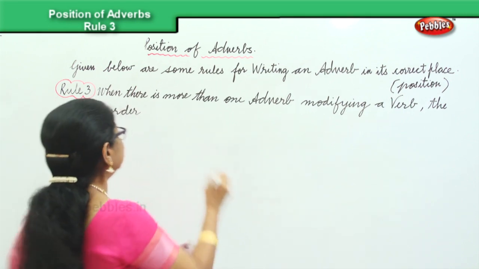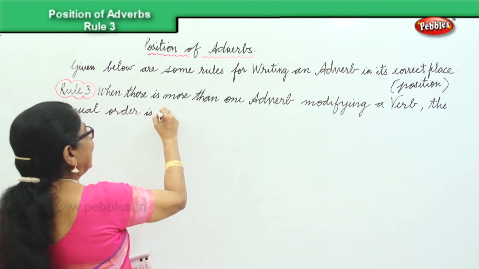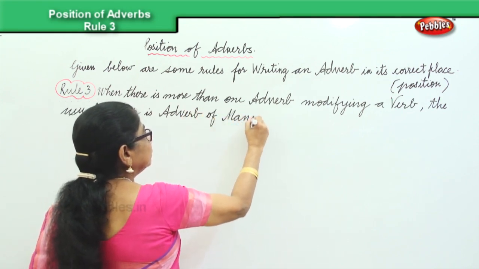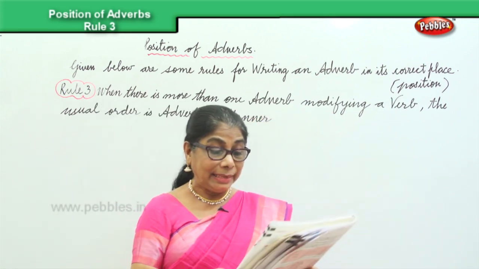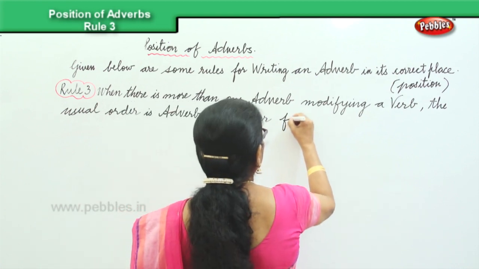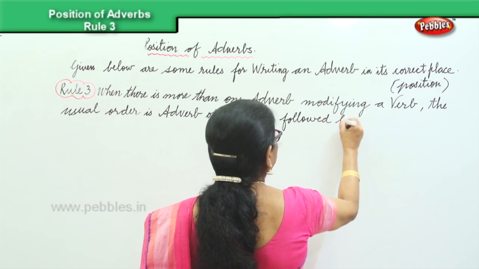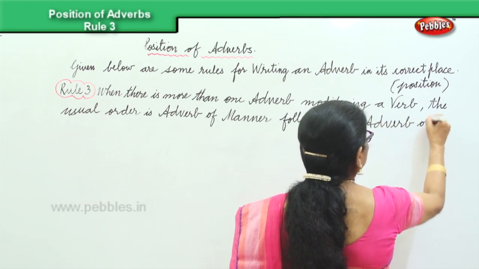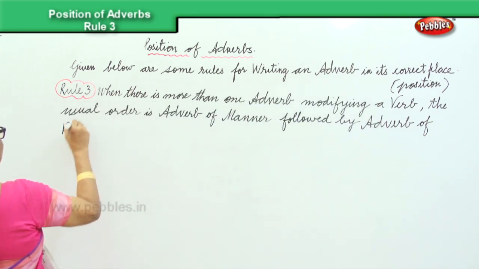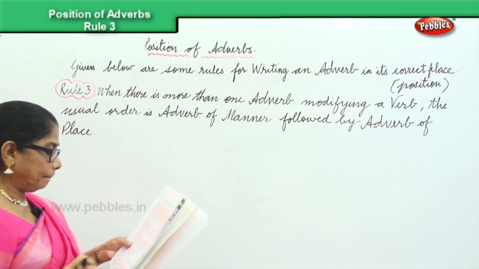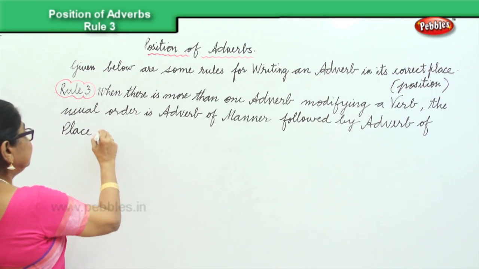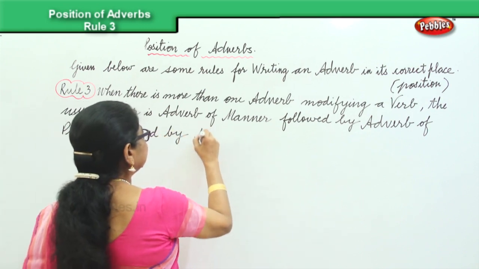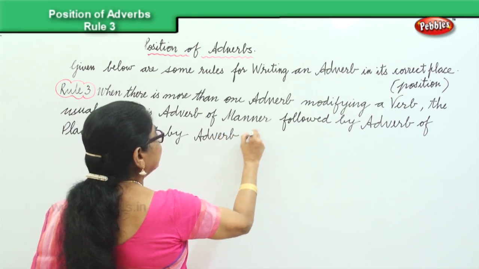The usual order is first adverb of manner, and next will be adverb of place, and finally adverb of time.